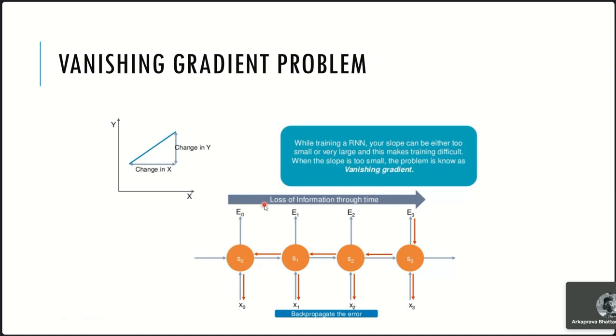In a backpropagation algorithm, when your target output and your generated output don't match, you calculate something called an error, and that error or loss is fed back inside the neural network in the backward direction.